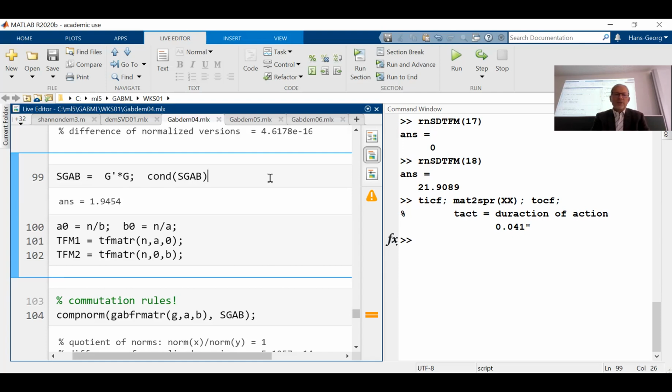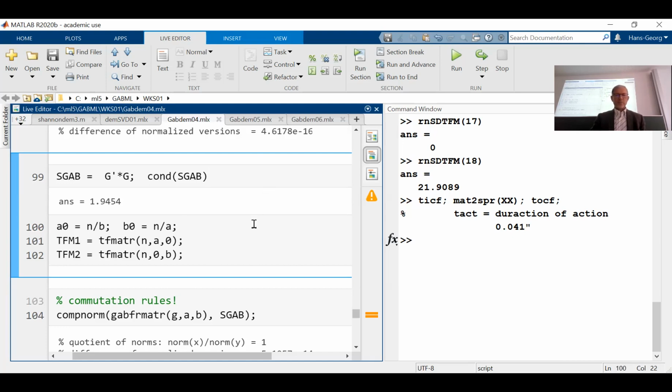Then synthesis afterwards is linear combinations of these row vectors, and that's exactly the Gabor frame operator. This time I have called it S_GAB, S being the standard notation for frame operator. To check whether this is a reasonably good operator, I was checking the condition number, and that's fine.